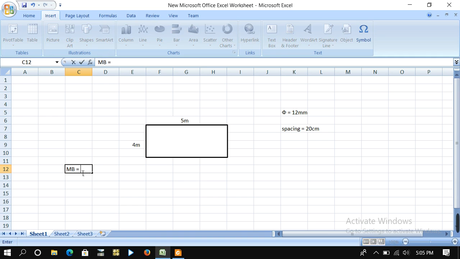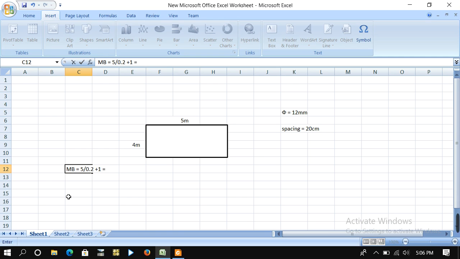That's going to be divided by the spacing, which is 0.2 meter, and we have to add one for safety. Then we can calculate it. 5 divided by 0.2, how much? We can calculate it using a calculator.